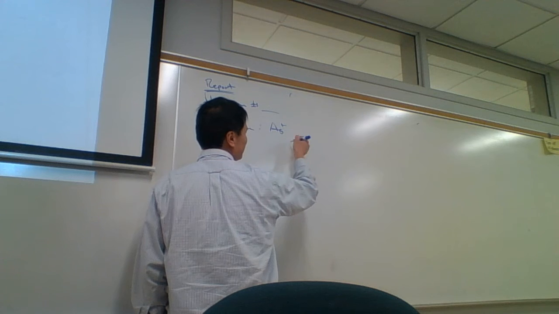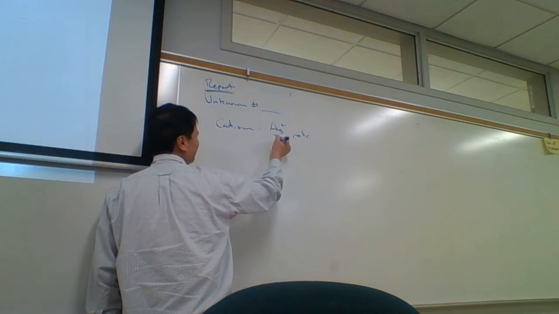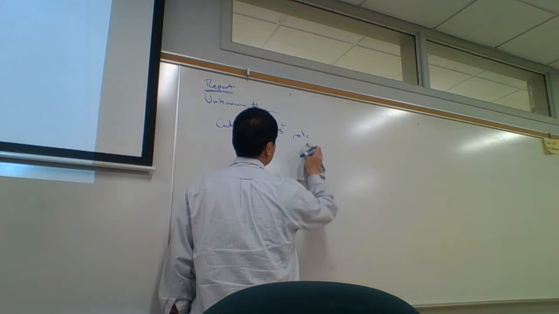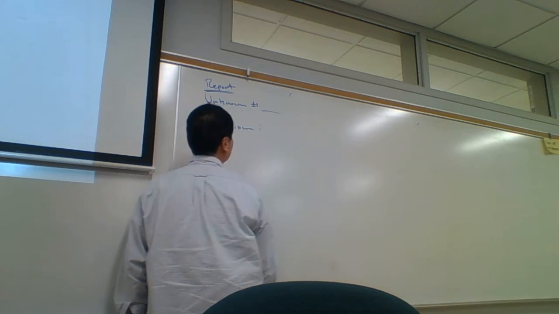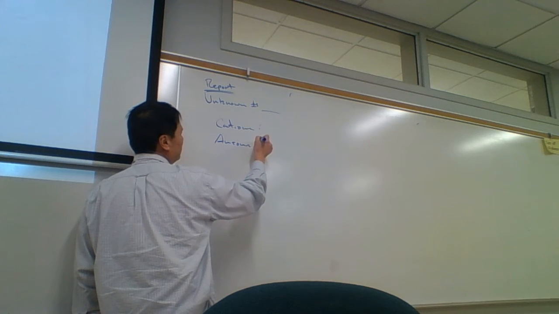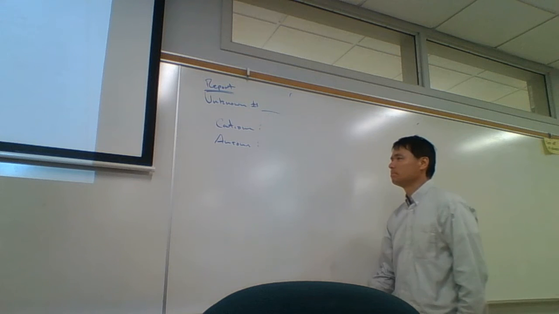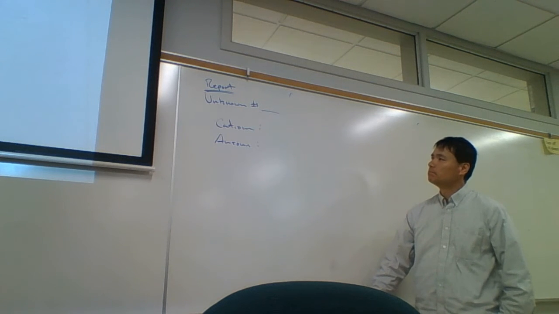It could be silver ions, etc., however many you found. So you're going to just list the cations that you found, and then list the anions that you found in your unknown. That's it. Just a little piece of paper with that on it?